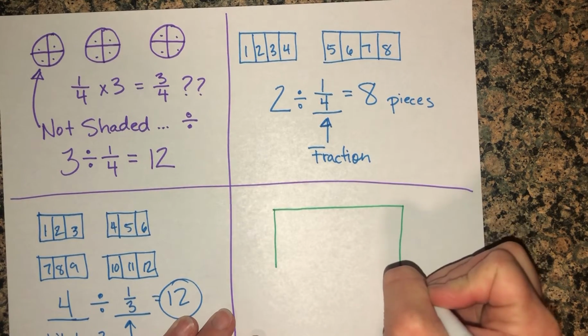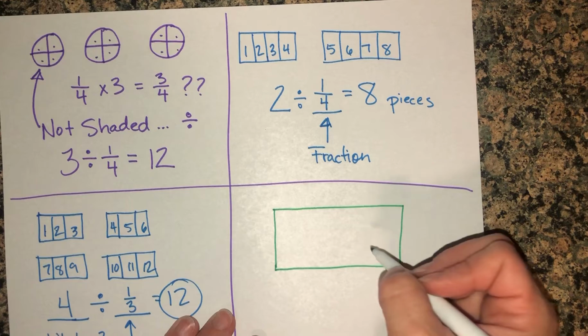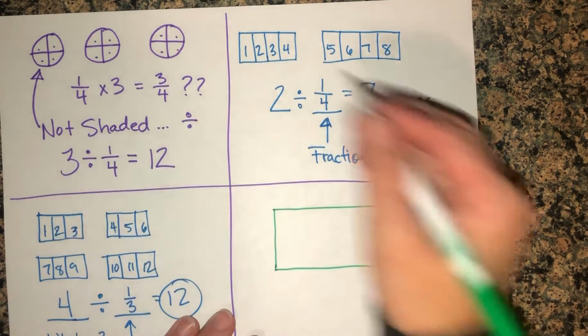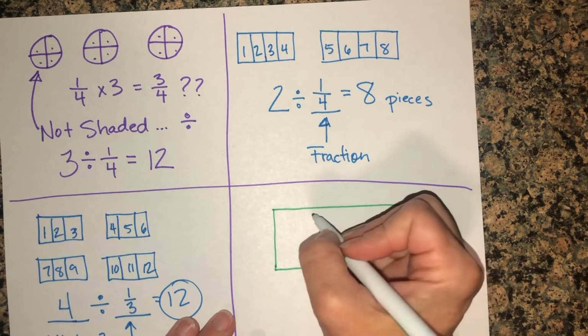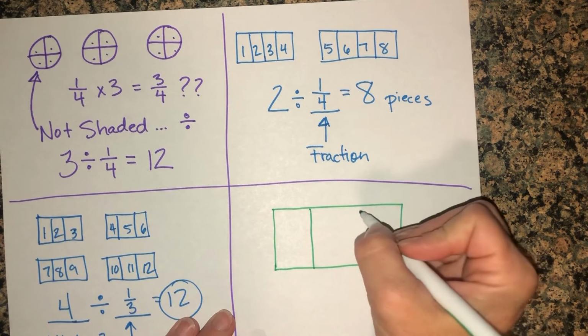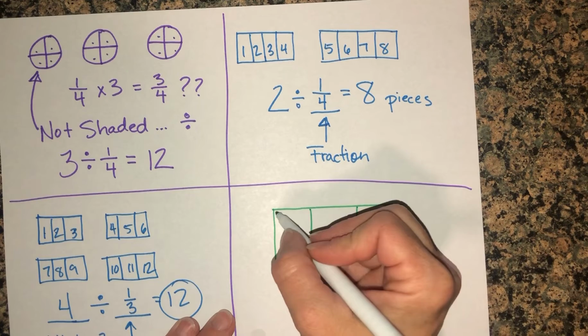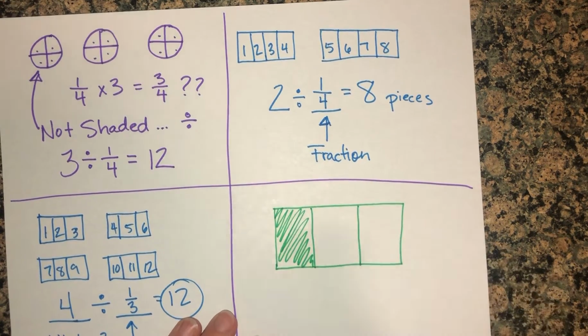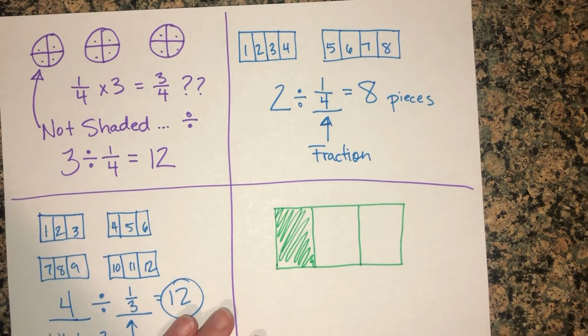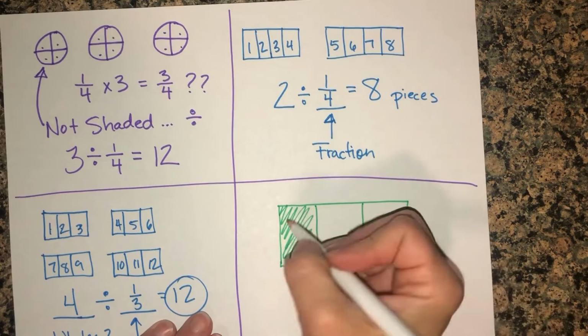And there's one model you're going to have to put the brakes on because it does not follow any of these rules. And it's going to look something like this. So you see here, I've shaded in 1/3.